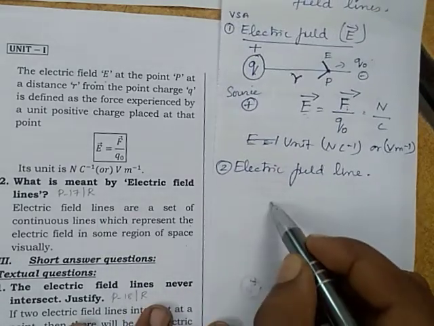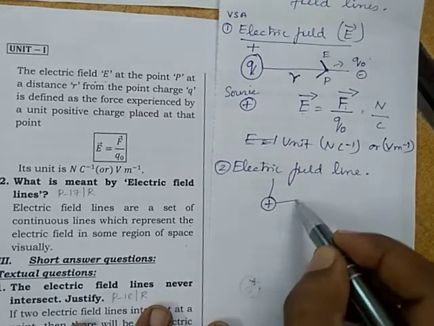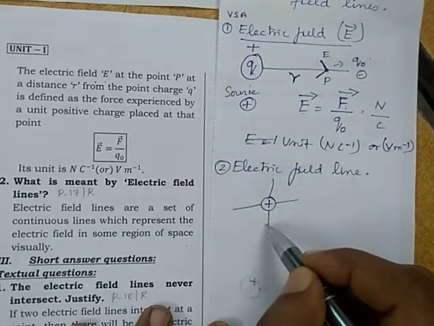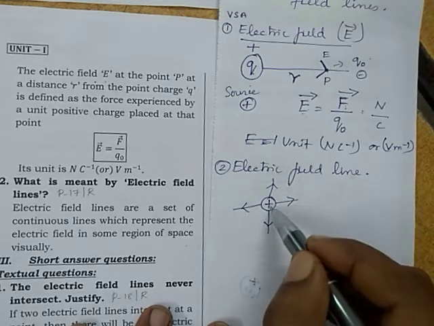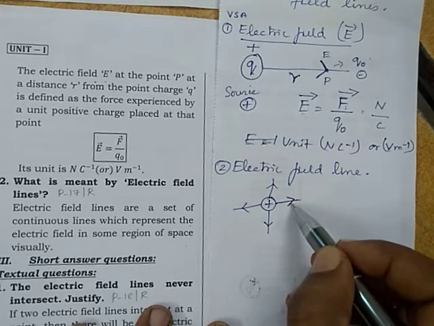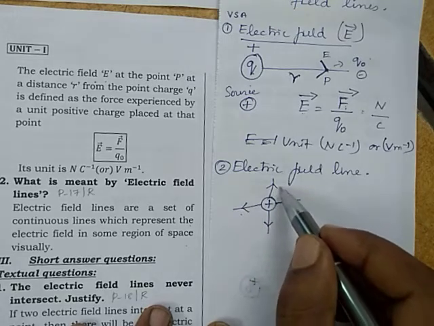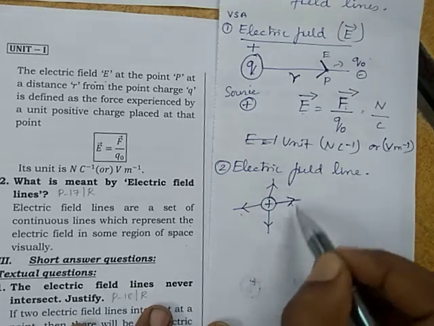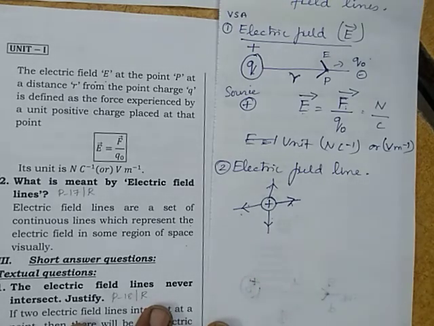See, if suppose I consider a positive charge, from that positive charge the electric field lines are going outwards. These electric field lines are visualized by the concept of electric field vectors. In this region there is a visual representation of electric field that is known as electric field lines.